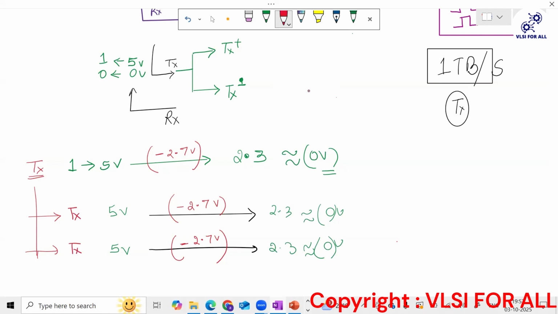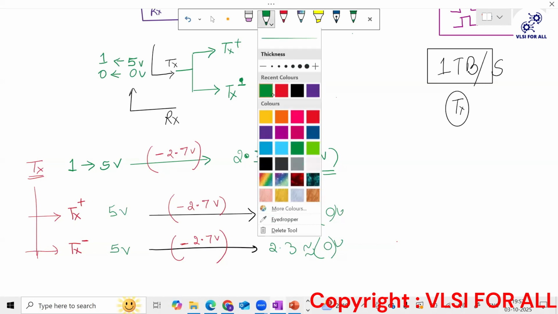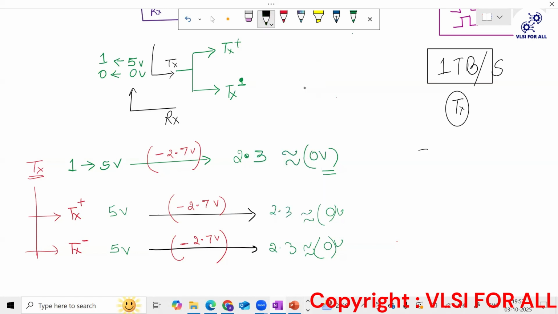But if you do something tricky here, you are transferring TX plus and TX minus. Now let me tell you what this TX plus and this TX minus are. If your TX plus is 5 volt, then your TX minus is the negative of TX plus.